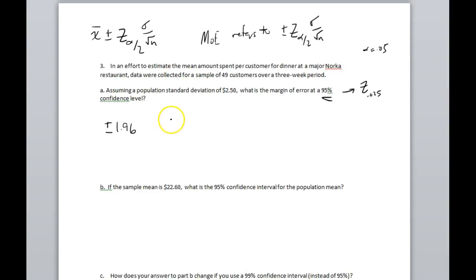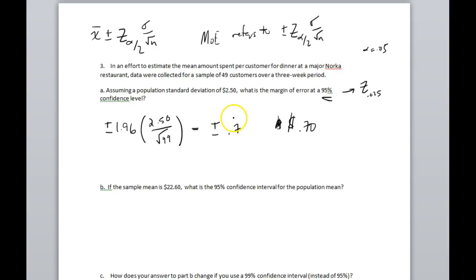It's 1.96 times the population standard deviation of 2.5 divided by the square root of n. Okay? And that's just going to end up being plus or minus 0.7, or 70 cents, essentially. So that's our margin of error.